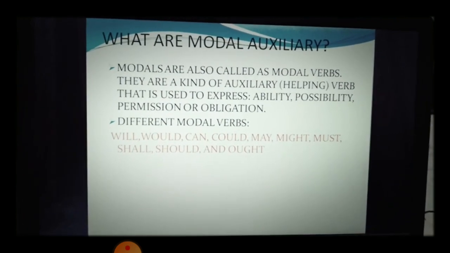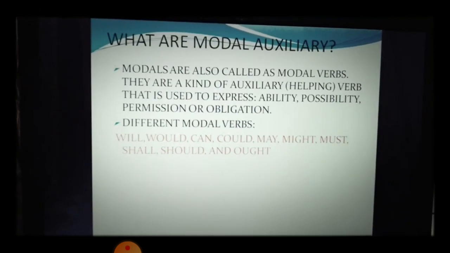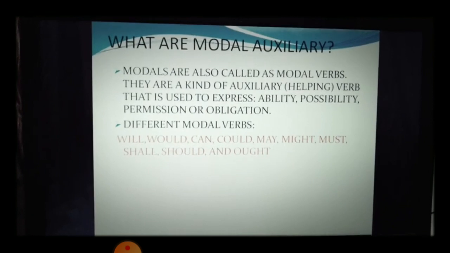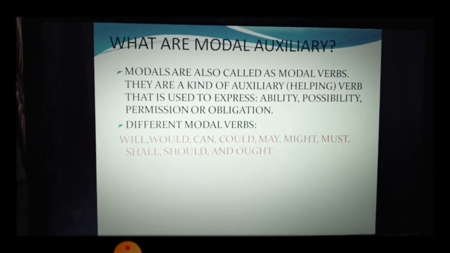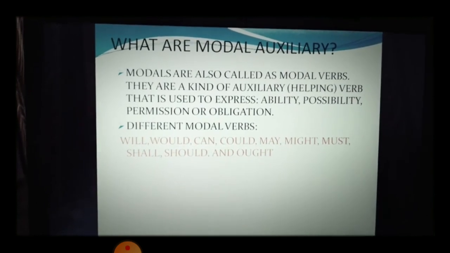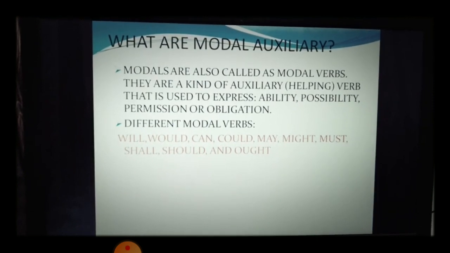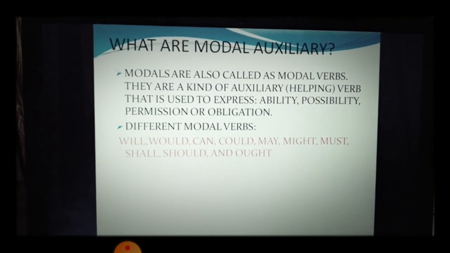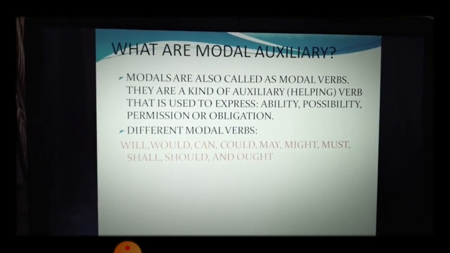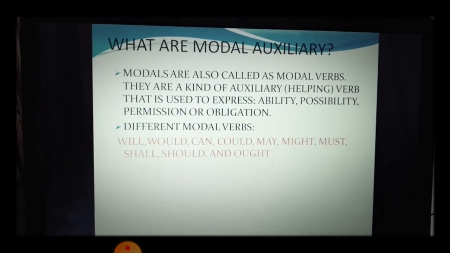So, modal verbs are also a part of auxiliary verbs, and with the help of modal verbs, we basically express an ability or a possibility, or when we need to seek permission, or when we show an obligation. So different modal verbs are will, would, can, could, may, might, must, shall, should, and ought.